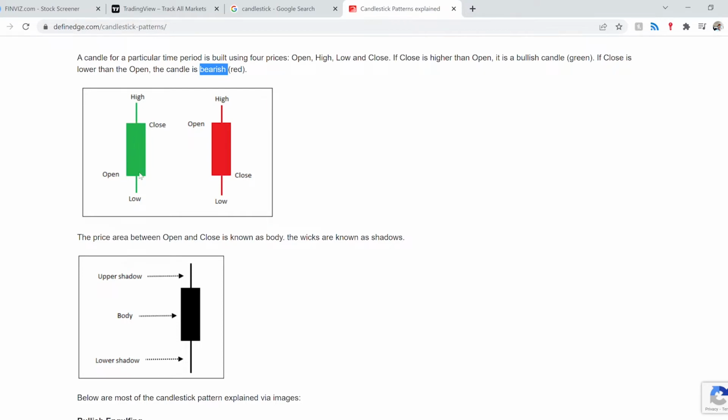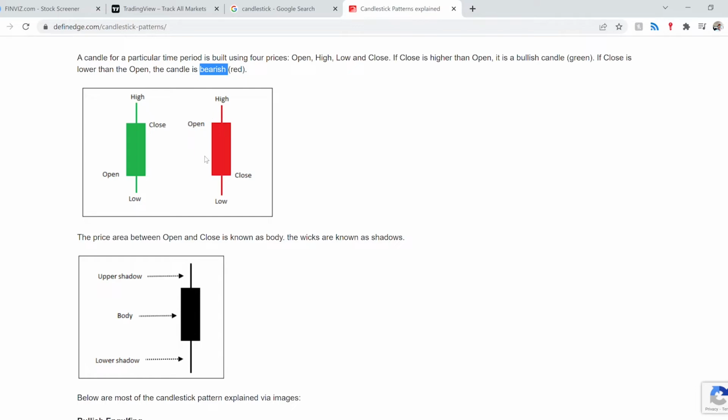So for a bullish candle, which is a green candle, something that's going up, you'll know it's a bullish candle if the open is lower than the close. And when it comes to the bearish, the market opened and the price was right here. The price went up and down, so the high was that and the low was here. And then when the market closed, the price had reached this level.